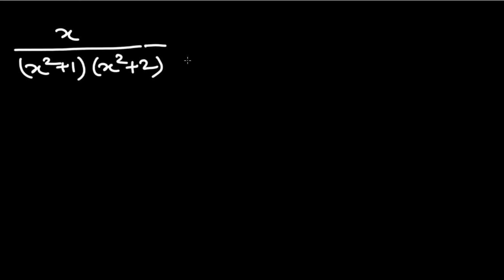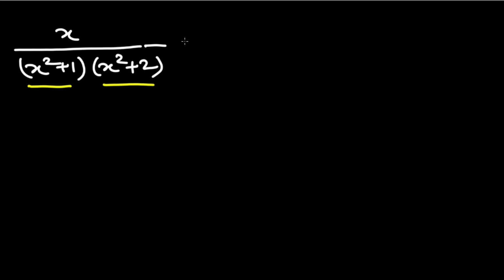We will split the rational function x by (x² + 1)(x² + 2) into partial fractions, where the denominator of this rational function contains non-factorizable quadratic factors.